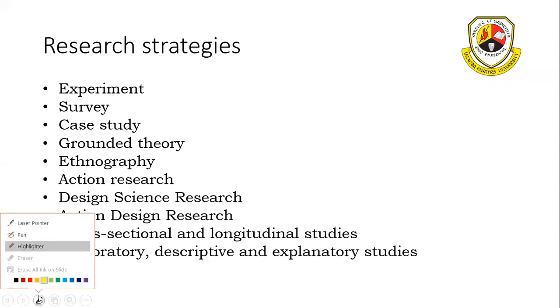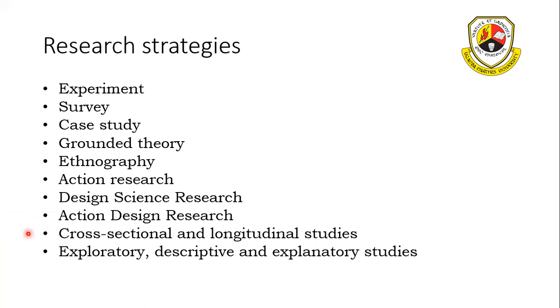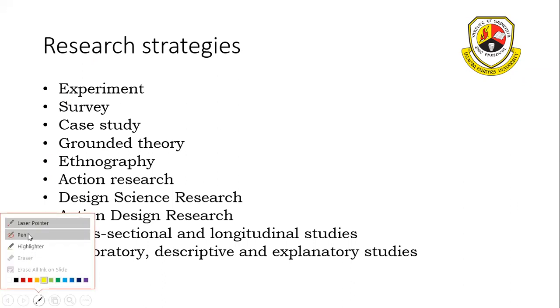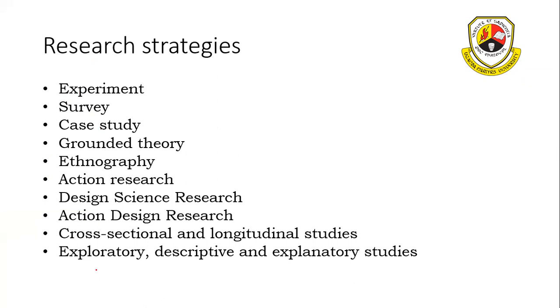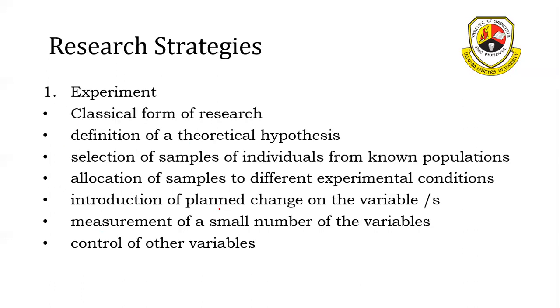Let me, sorry, let me just get a pen out here, which I'll use. This slide is giving general methods that exist. The first one, experiment, most of us have heard about it. It's very much a quantitative research method where a researcher picks variables and is going to test them.